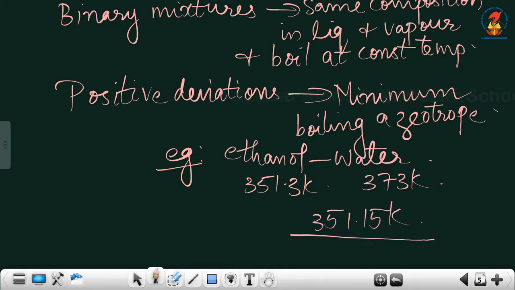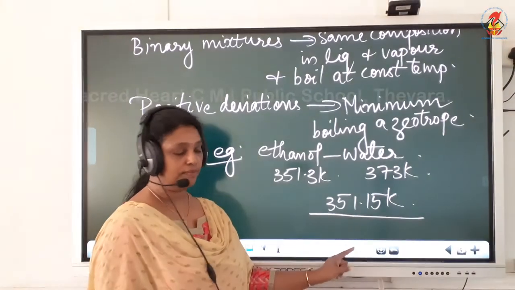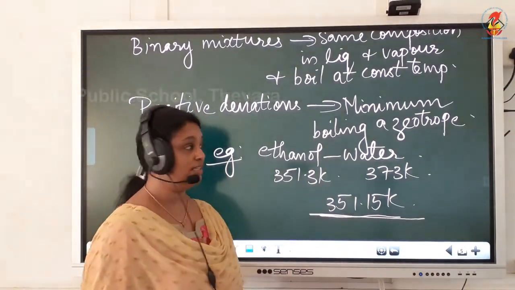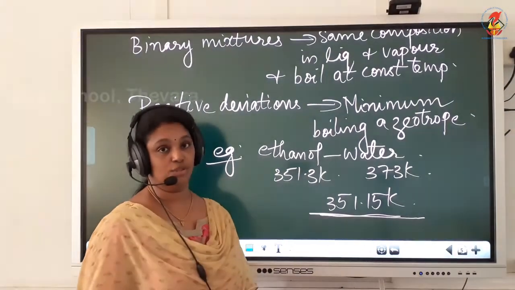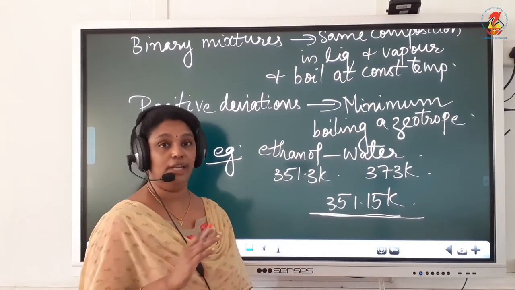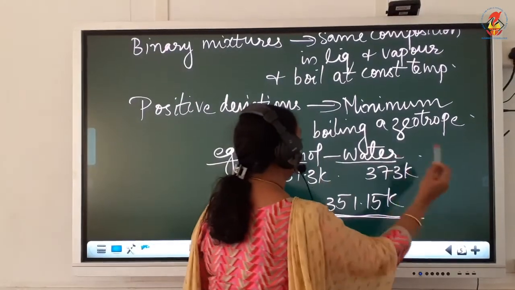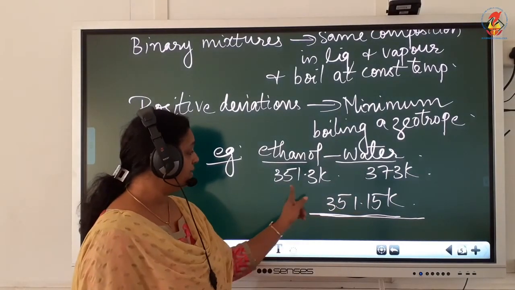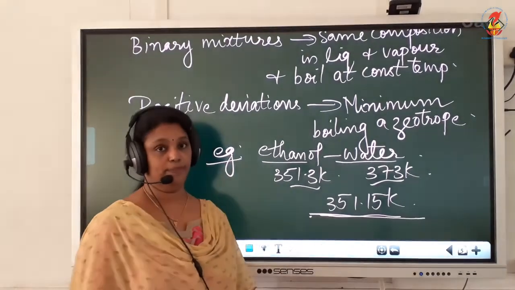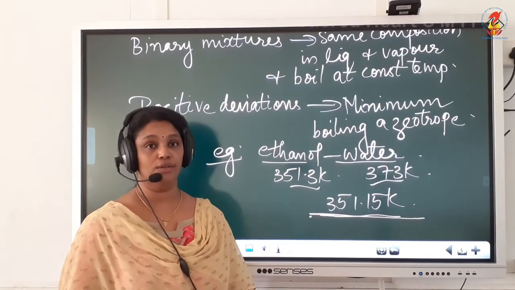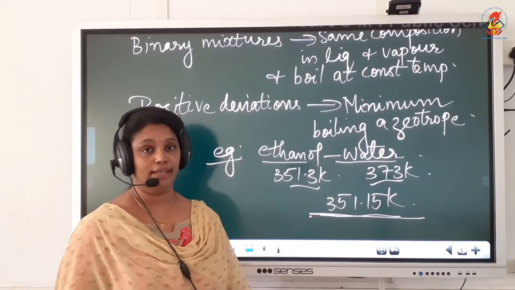So this is the azeotropic temperature of the ethanol water mixture. At this temperature, it is difficult to separate ethanol and water. So that is the meaning of minimum boiling azeotrope: the mixture will boil at a temperature lower than the boiling point of the individual components, ethanol and water. You can see this temperature is lower than both values. So solutions which show positive deviation from Raoult's law will form minimum boiling azeotrope.